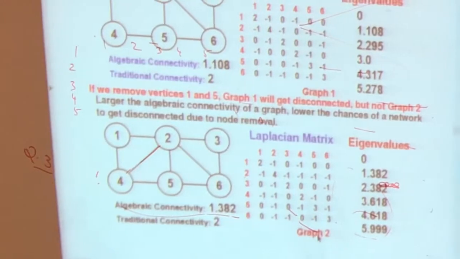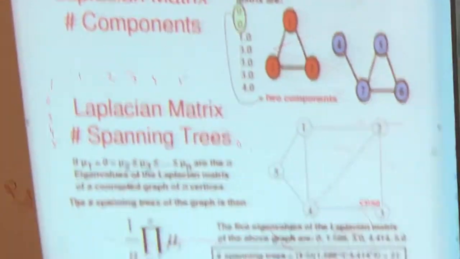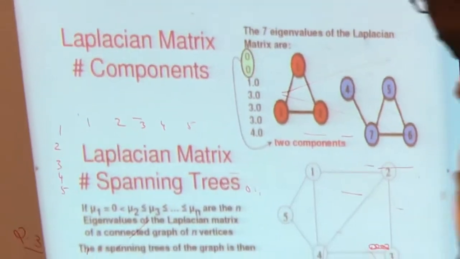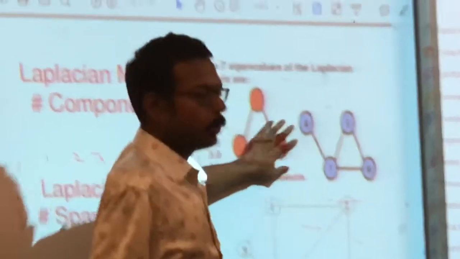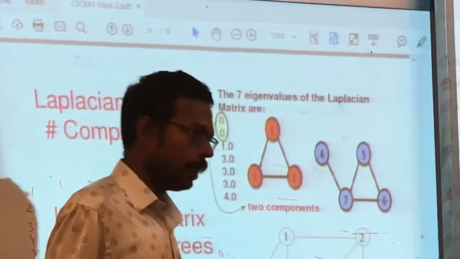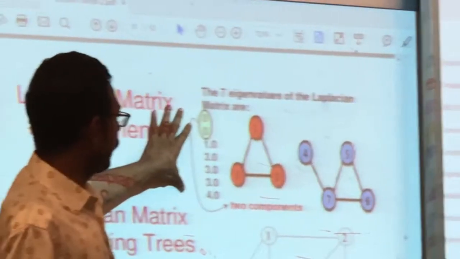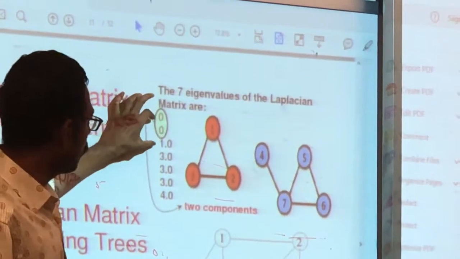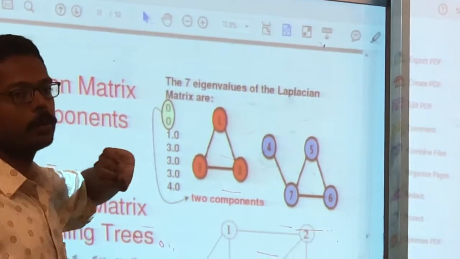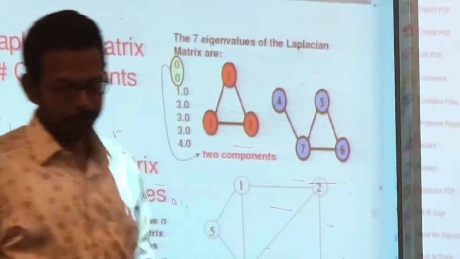But if the graph is not connected, something like this, the top graph has 7 vertices, and it's not a connected graph, right? If you run through the Laplacian matrix and find the eigenvalues, you'll get 7 eigenvalues corresponding to 7 vertices. Now you see there are 2 zeros out here. Why 2 zeros?